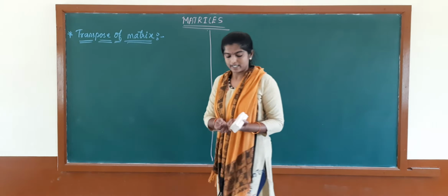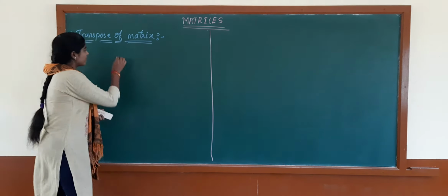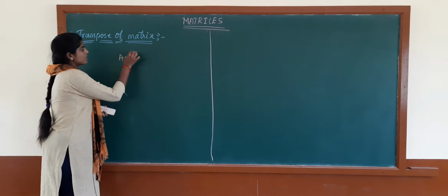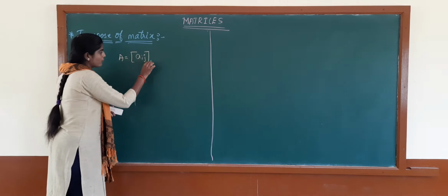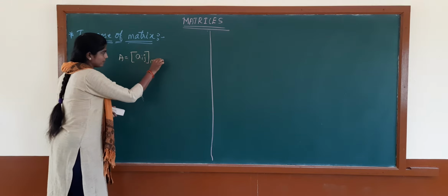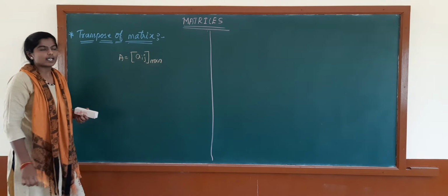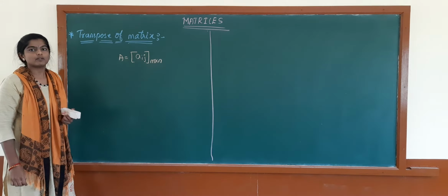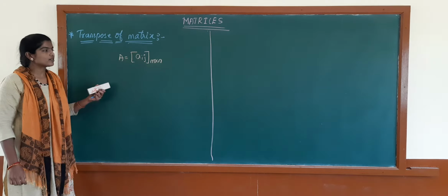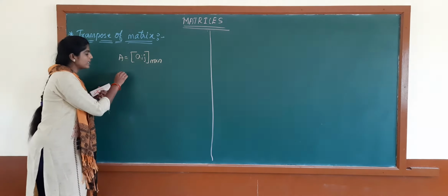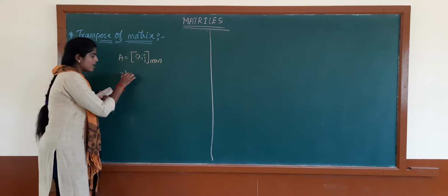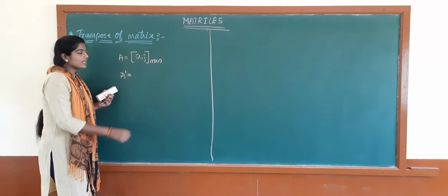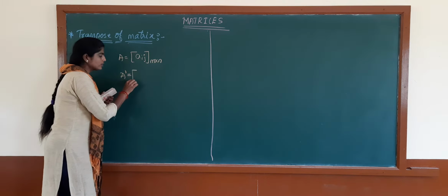transpose of a matrix. For example, if A equal to Aij is a matrix of order M cross N, then the transpose of this matrix is denoted by A transpose, that is A dash, and it is obtained by interchanging the rows and columns.